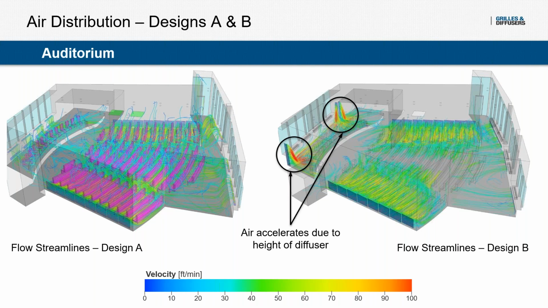If you were married to design B and you didn't want to use the linear grills on the windowsills because you wanted the trough heaters instead, what you should do is either move these diffusers further away from the occupants, so that that velocity has time to dissipate, or again, if you can, maybe use more shorter diffusers. They can be wide, that's not a problem. It's really the height that creates that kind of velocity in this case.